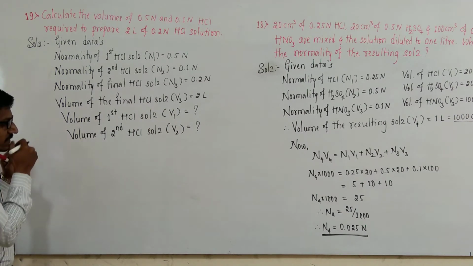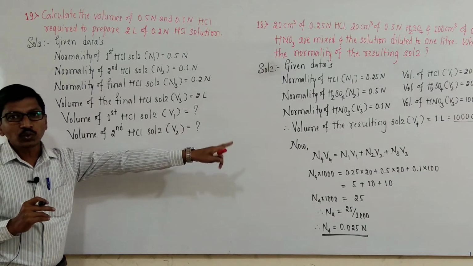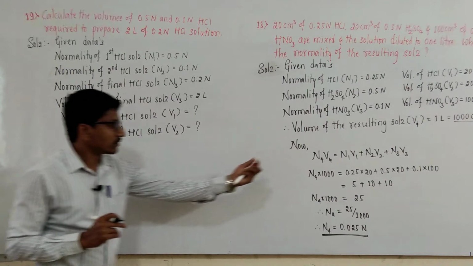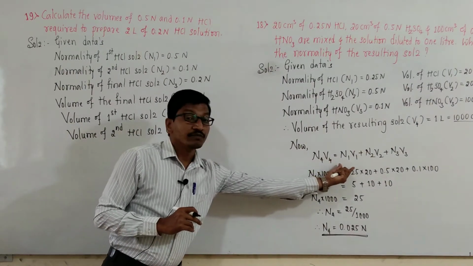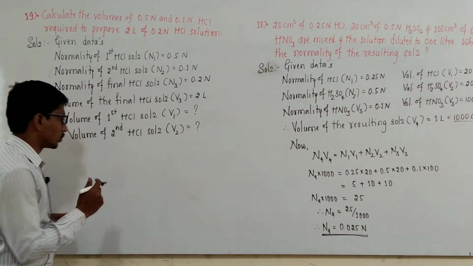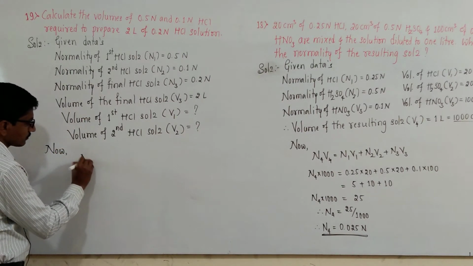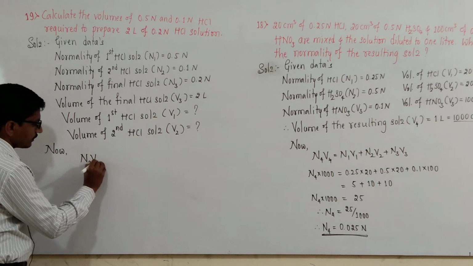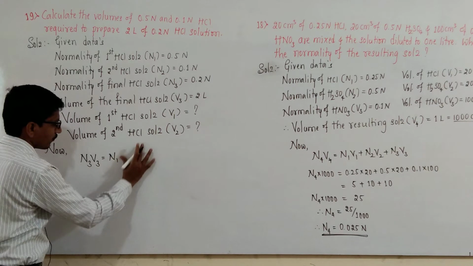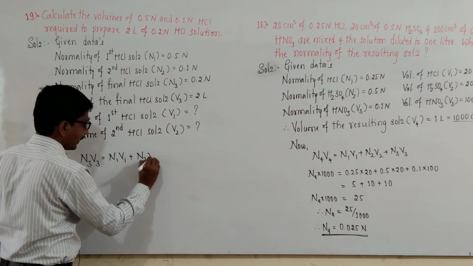From the same relation, N3 V3 is equal to N1 V1 plus N2 V2, this formula we must use. Here there are only 2 HCl solutions mixed.